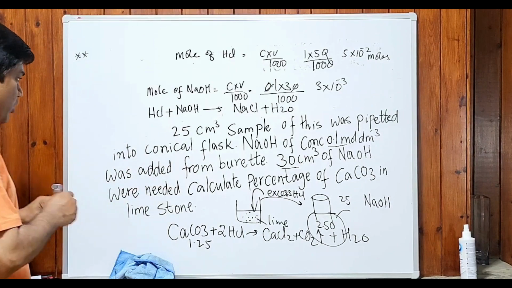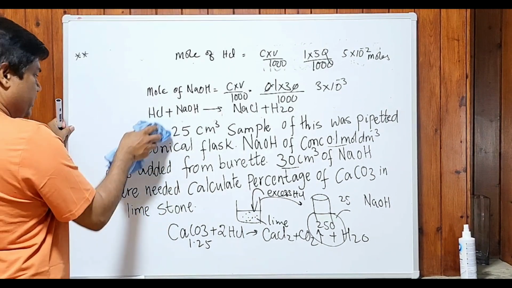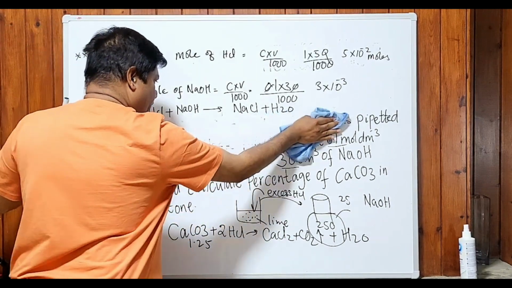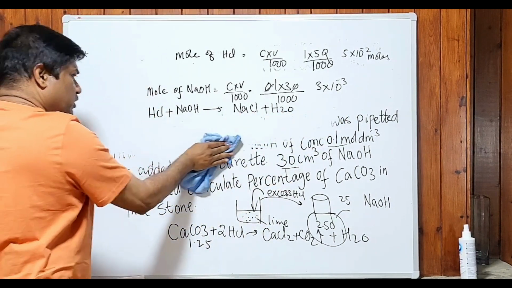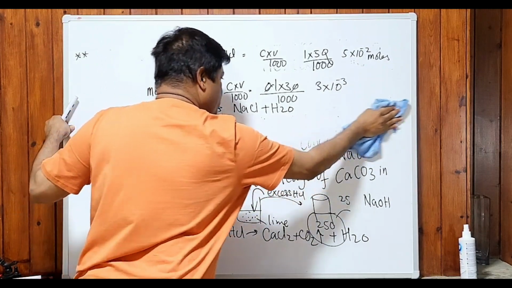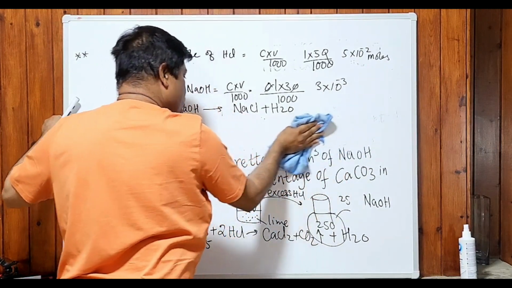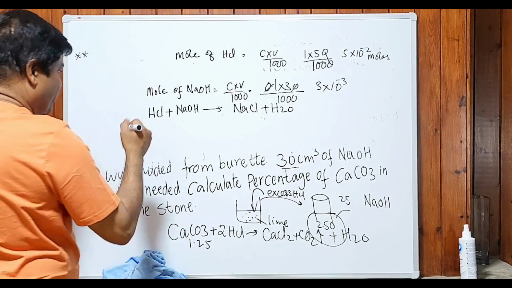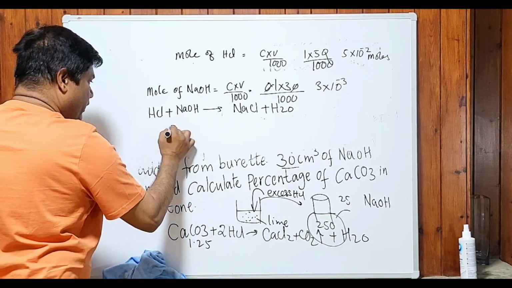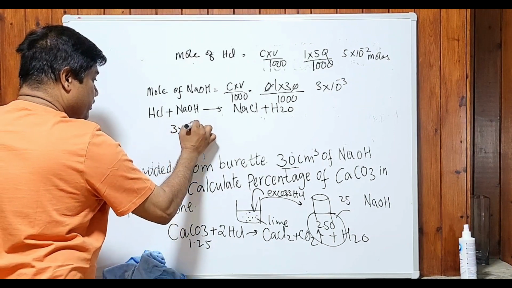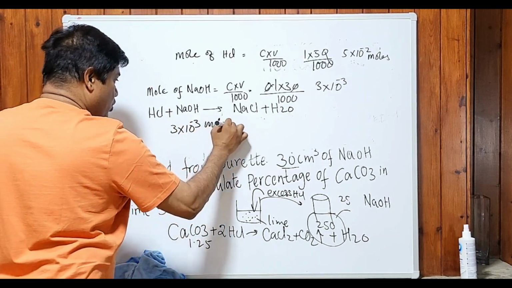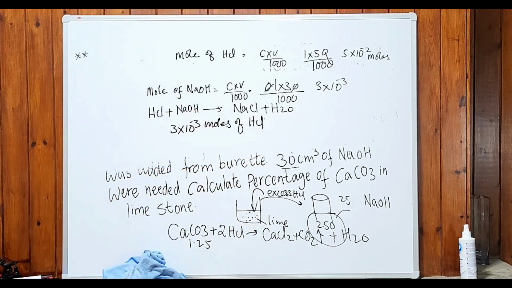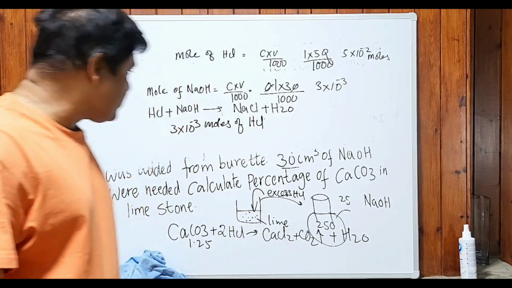So the same moles for HCl: 3 into 10 to the power of minus 3. That's the moles of HCl left out in this solution. 3 into 10 to the power of minus 3 moles of HCl unused or left out in the solution.